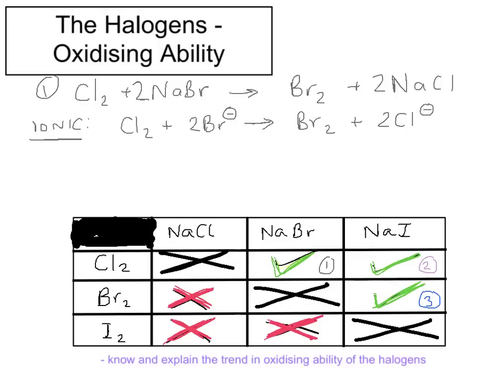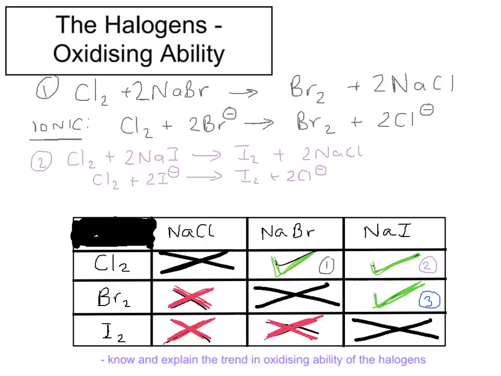For the second reaction, sodium iodide with chlorine, a similar thing was happening again. So we had chlorine reacting with 2 sodium iodides to make iodine, which was that black stuff that came out, plus 2 sodium chlorides. And again, the ionic equation would be Cl2 plus 2I-, again ignoring the sodium, goes to make I2 plus 2Cl-.